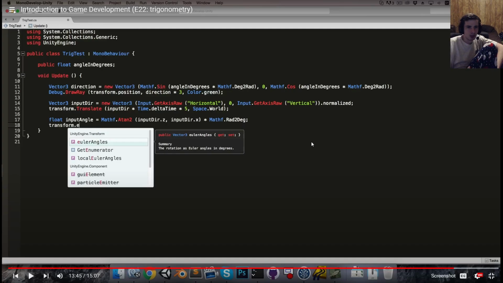This is X, this is Z, this is the input angle. Z, vertical. And it turns it into degrees. So this would be atan2.